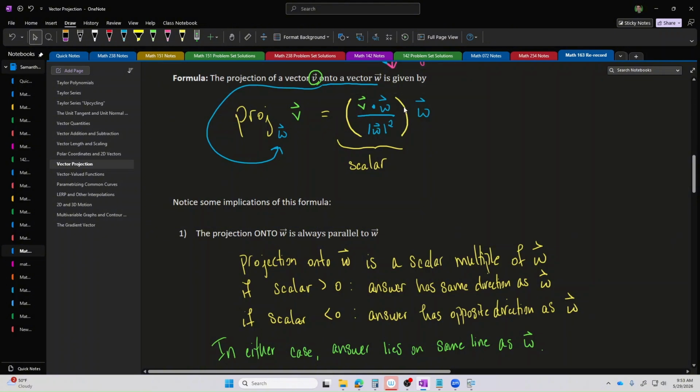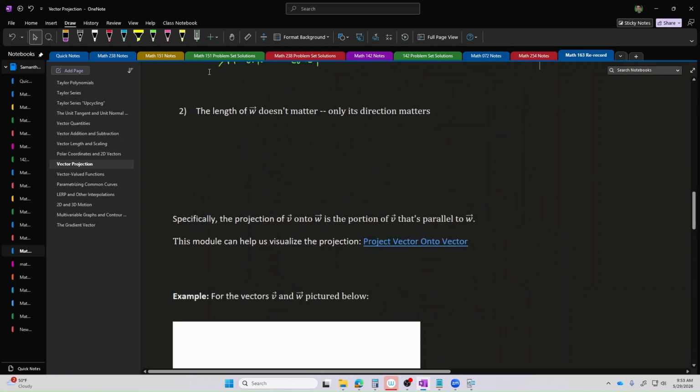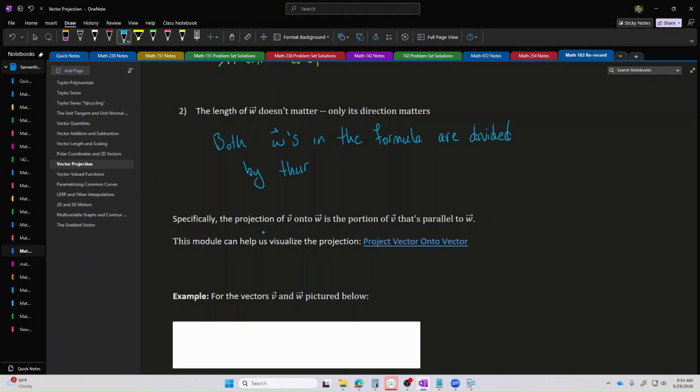So both of these w's in the formula are being converted to unit vectors. So that's why the length of w doesn't matter. No matter what length it has, that length is just getting divided out anyway, so it doesn't have an effect on the result.